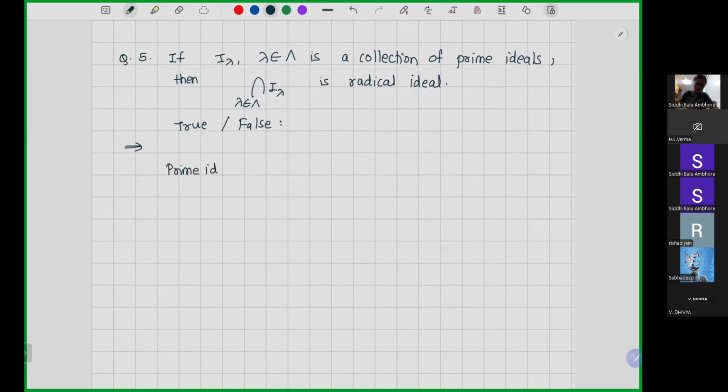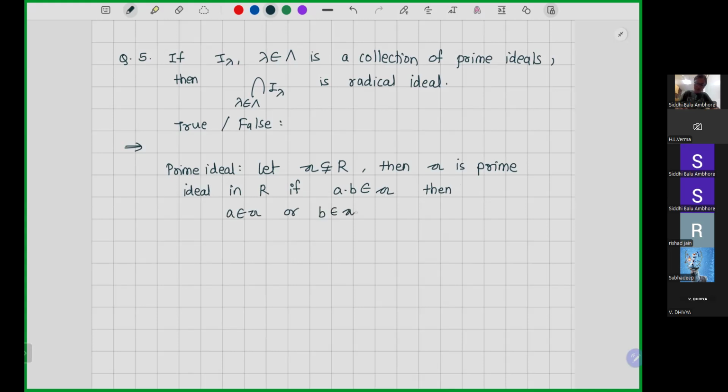Let A be a proper ideal of R, then A is a prime ideal in R if, for a, b in R, if ab belongs to A, then either a belongs to A or b belongs to A. So if the product of two elements belongs to the ideal, then one of the elements must belong to that ideal.